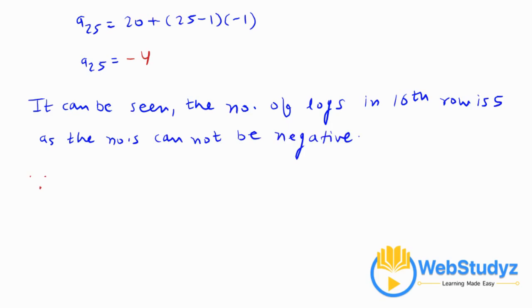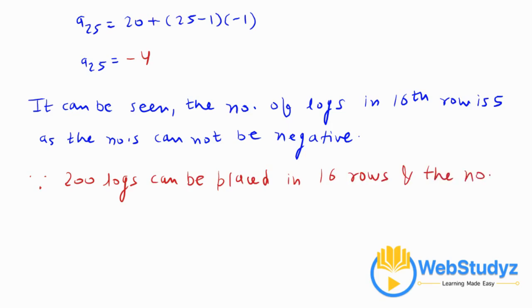Therefore, we can say that 200 logs can be placed in 16 rows and the number of logs in the 16th row is 5.